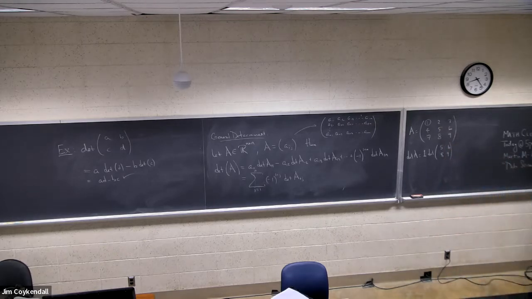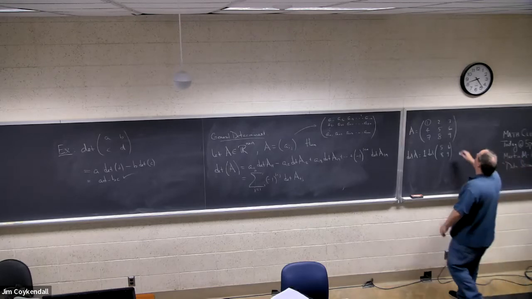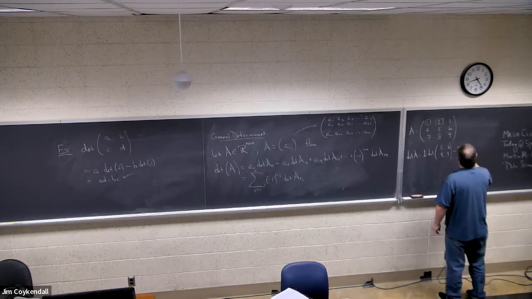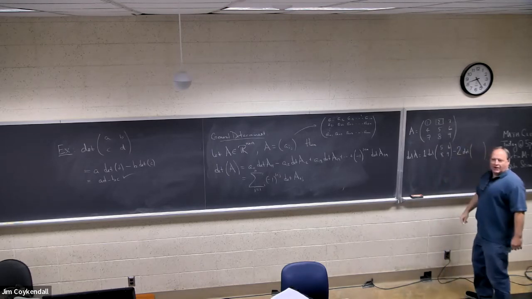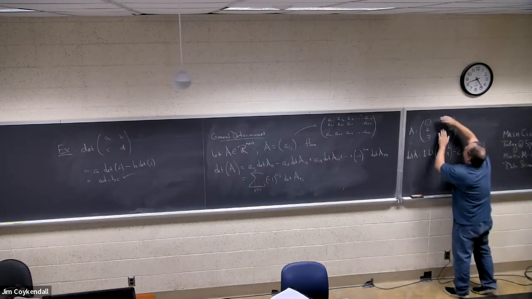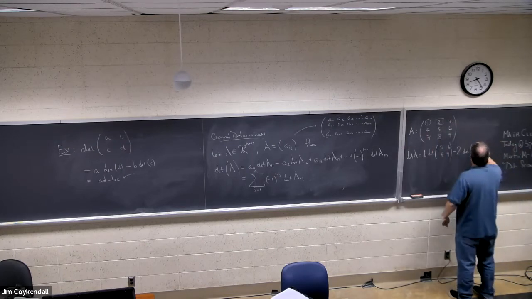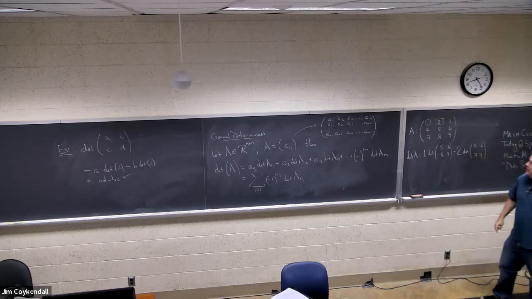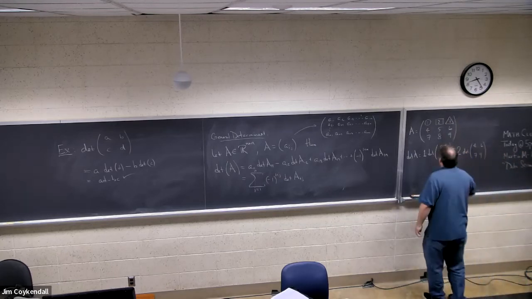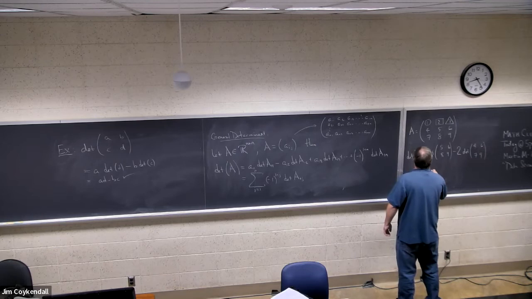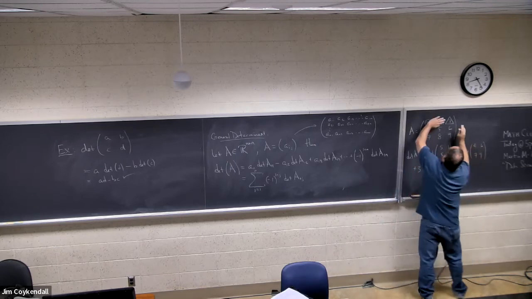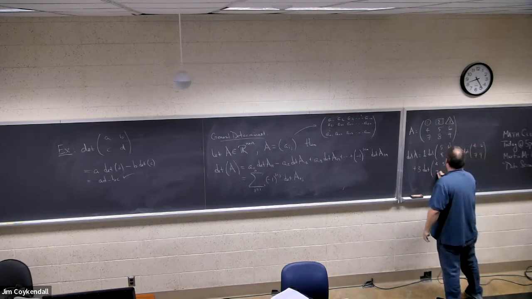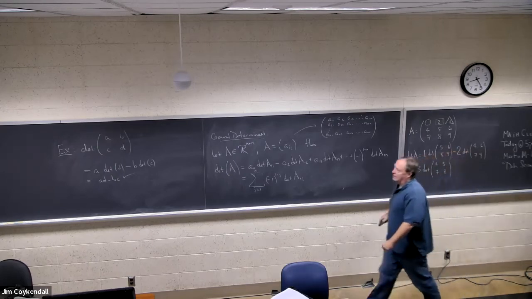Minus, now we move to this one. I need to figure out what the matrix is when I remove the first row and second column: 4, 6, 7, 9. And now back to plus with this one here. When I remove the first row, third column, I get 4, 5, 7. Agree?